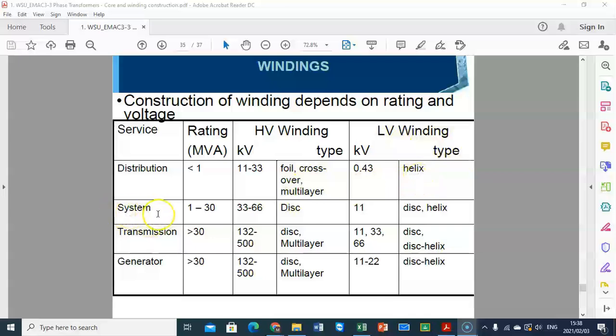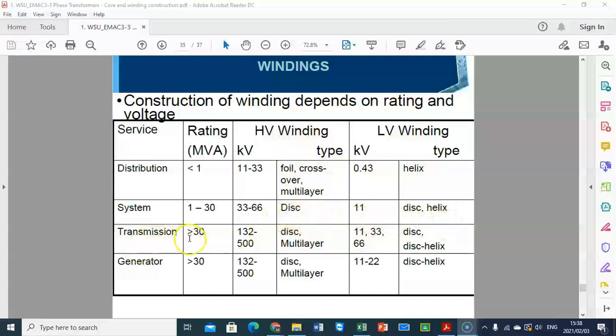Then you can have the system transformer. The rating is between 1 to 30 megavolt ampere. The voltage of the high voltage winding is 33 to 66 kilovolts, and the low voltage winding is 11 kilovolt. The type of winding for the low voltage side will be disc or helix again, and the high voltage side is disc.